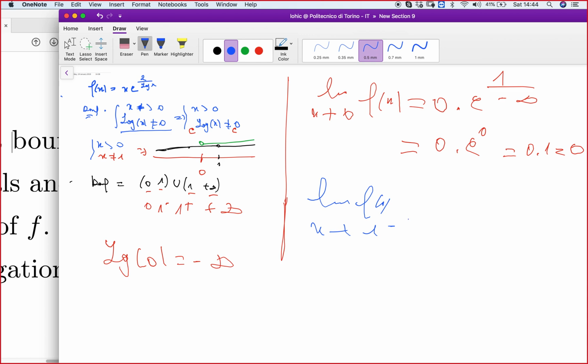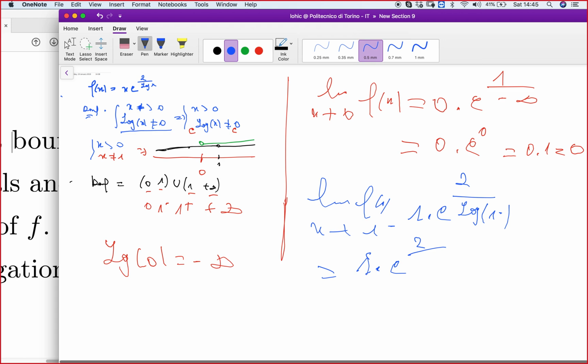It will be 1 multiplied by exponential of 2 over the logarithm of 1 minus. Here is the graph of the logarithm, right?